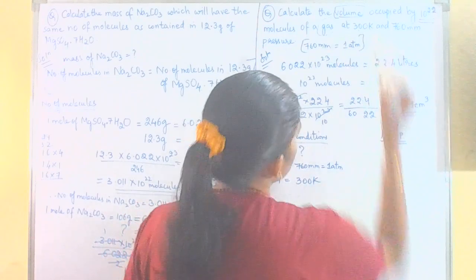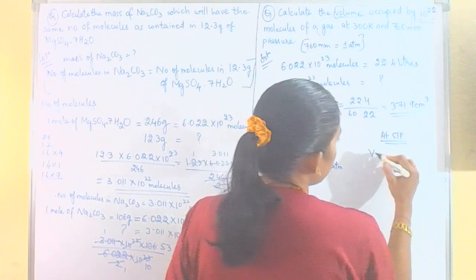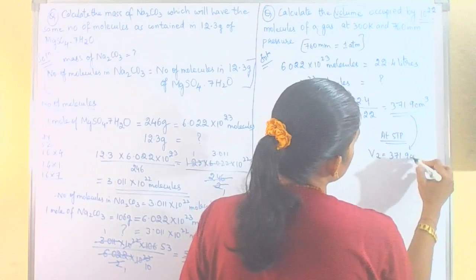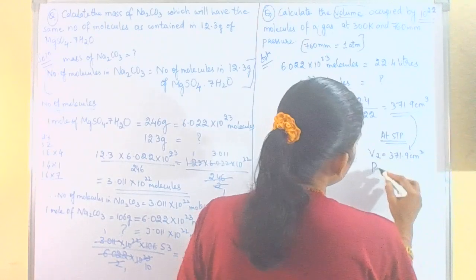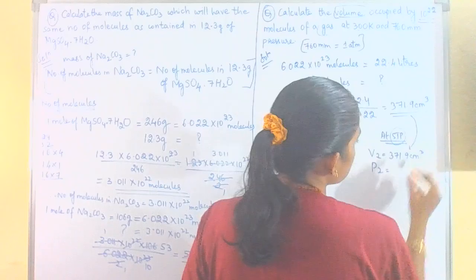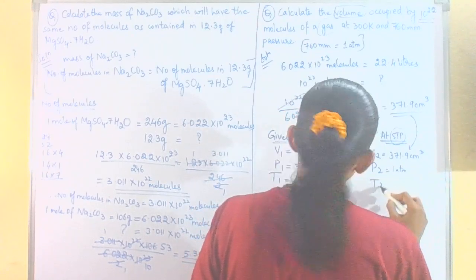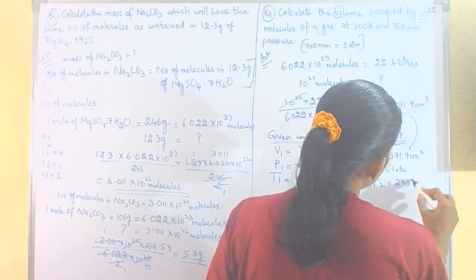Okay, 300 Kelvin. Now at STP, V2 is equal to how much? You have to write this, 371.9 centimeter cube. P2 at STP, at standard temperature pressure, what is the pressure? 1 atmospheric pressure. And T2 is equal to 273 Kelvin.